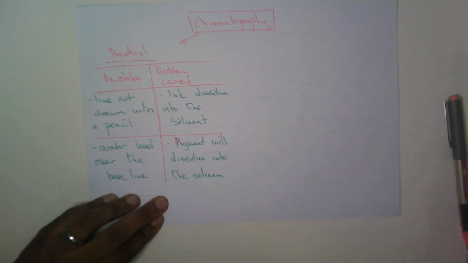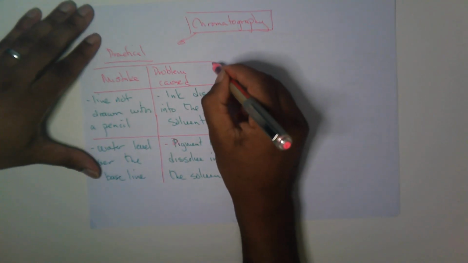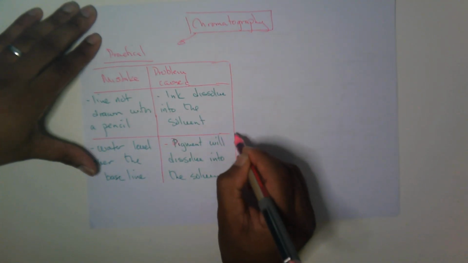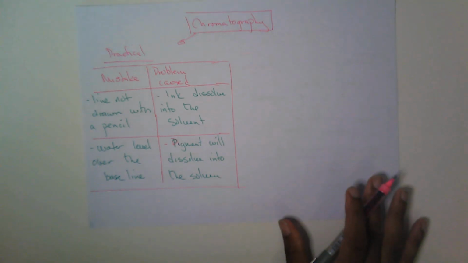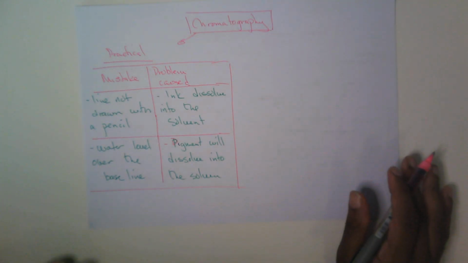So that's the most common question that they tend to ask regarding the practical. So I'll just leave it at that and I won't go into the details of the practical.